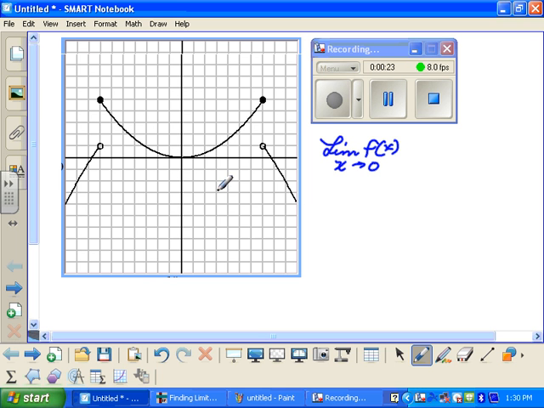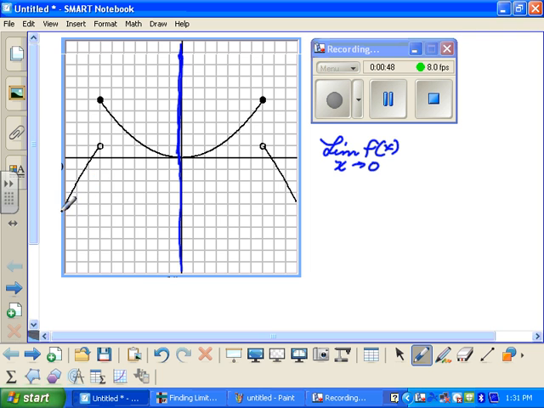Now, of all the points on this graph grid, the places that have an x of 0 fall on the y-axis. All the points on the y-axis have an x of 0. But we're not interested in just any one of those points. We're interested in the points along this line, when the function is headed towards this line.